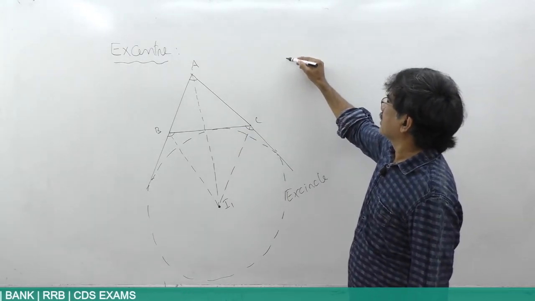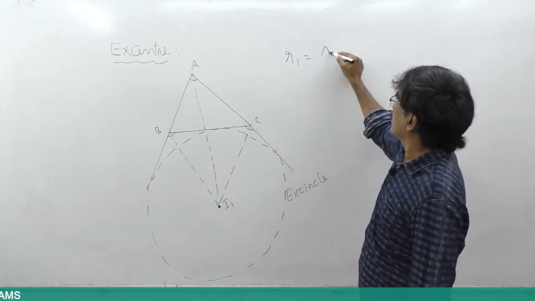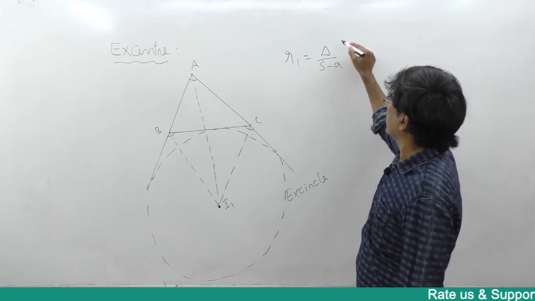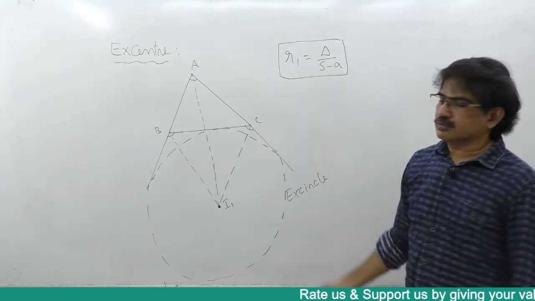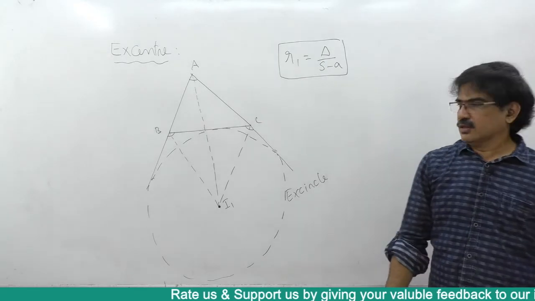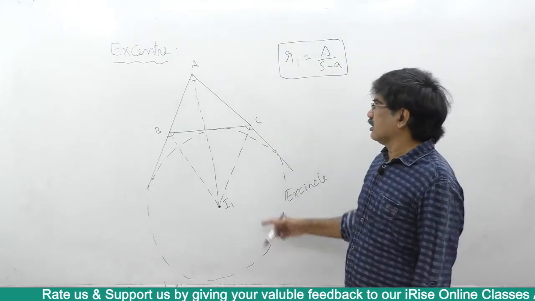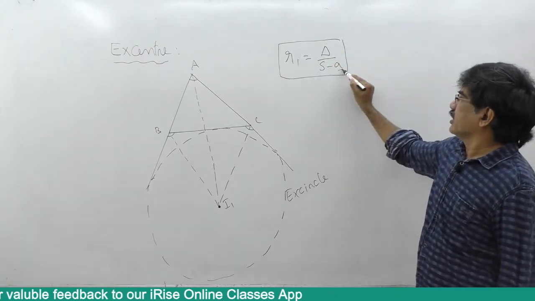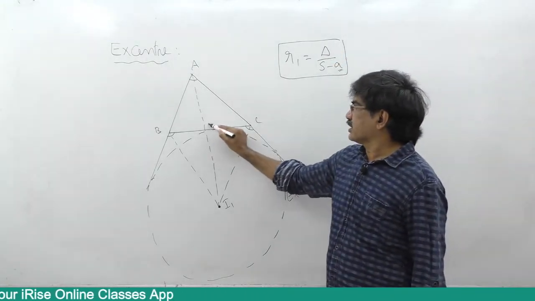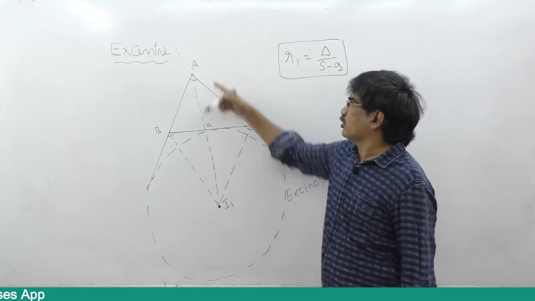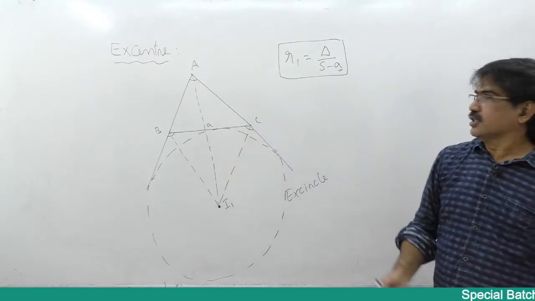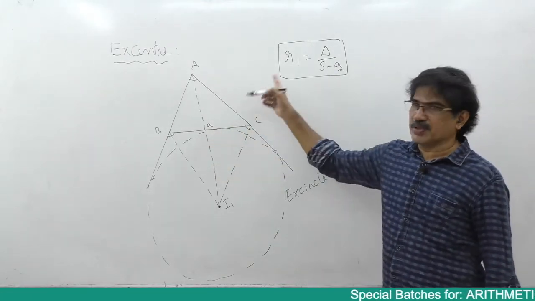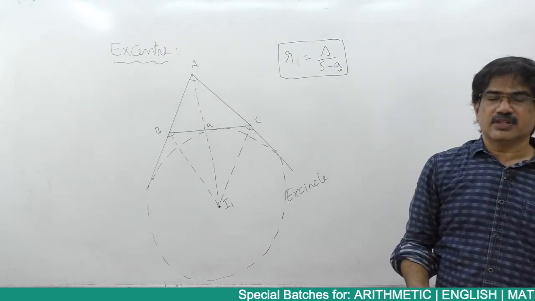The exradius r1 is equal to delta by s minus a. The radius of the excircle opposite to capital A is delta by s minus a, where a is the side opposite to capital A, s is the semi-perimeter and delta is the area of the triangle.